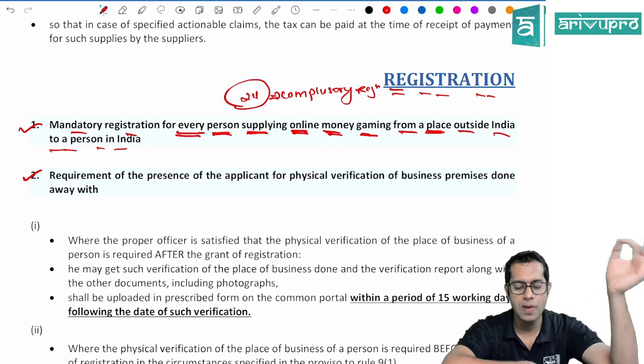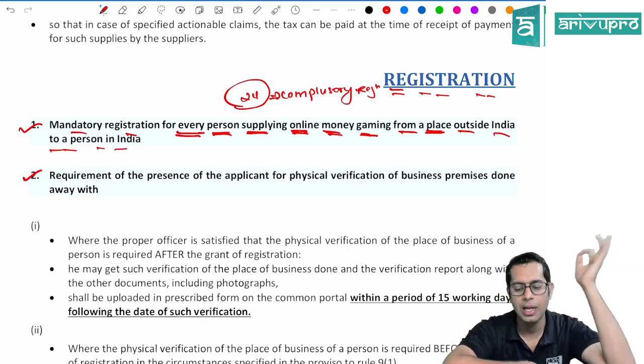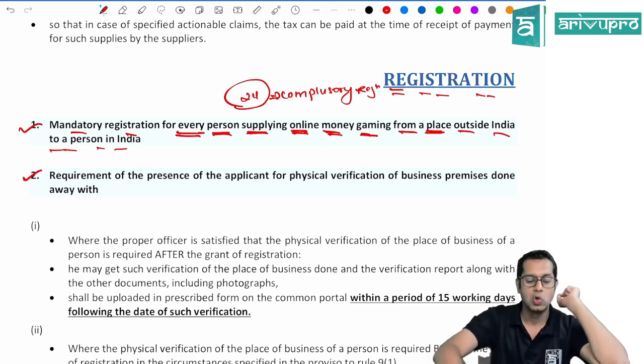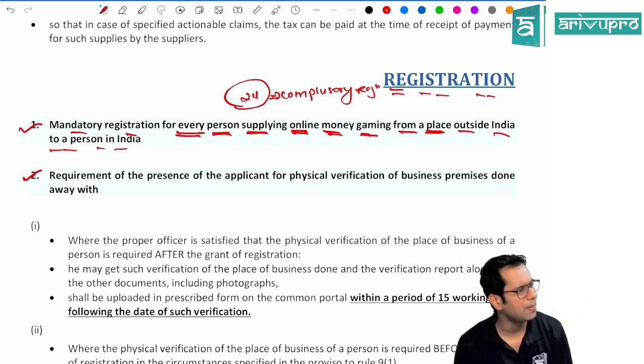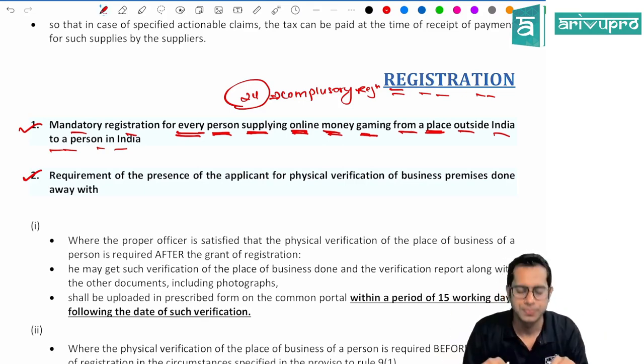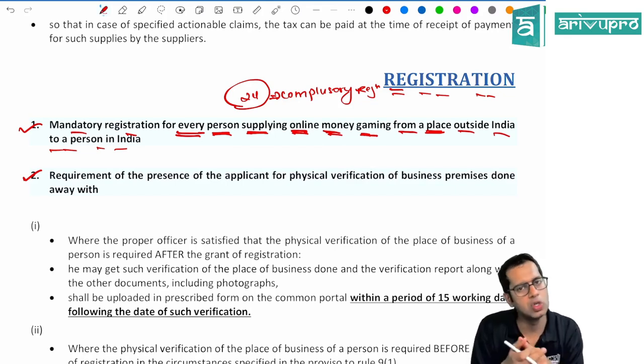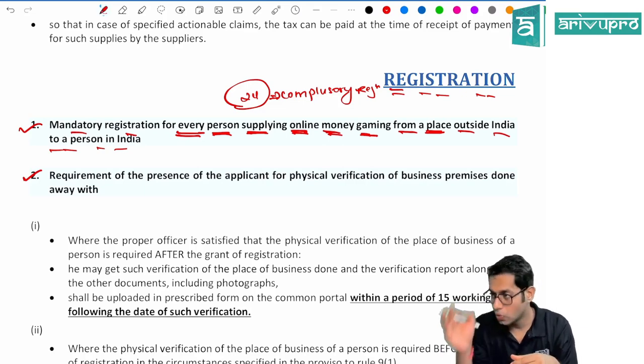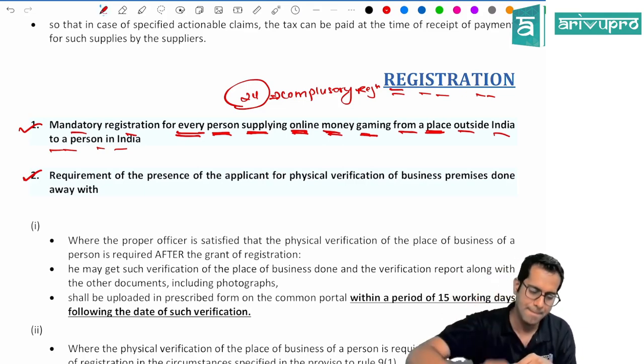If you are a company from outside India who has an app wherein people in India are playing games, then you should compulsorily take registration under GST law.